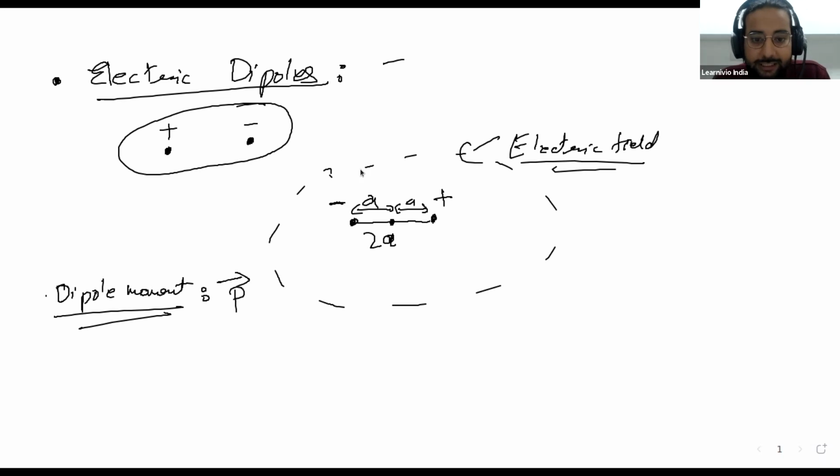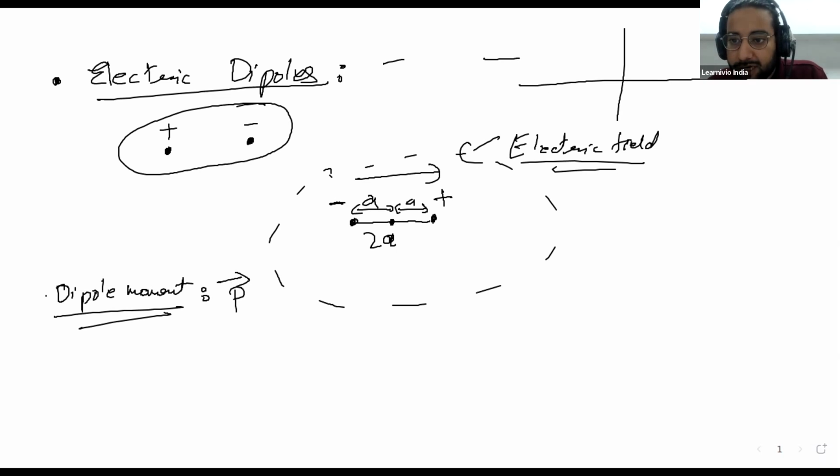By convention, its direction is from the negative side to the positive side. So, meaning that if we come back to our analogy of the number line, where negative things are on the left hand side and positive things are on the right hand side, this vector will always be in the direction of the right hand side. Does that make sense?